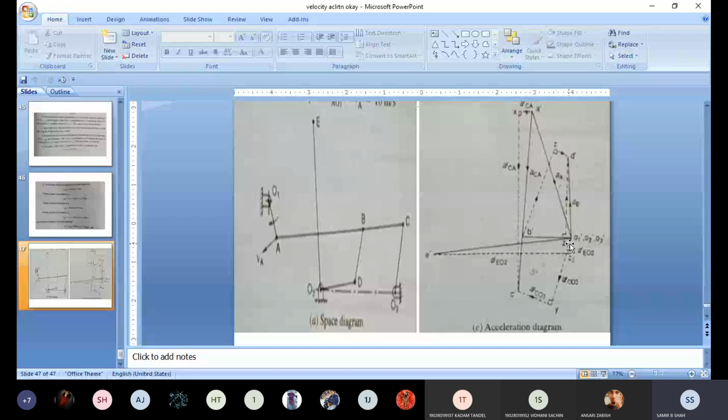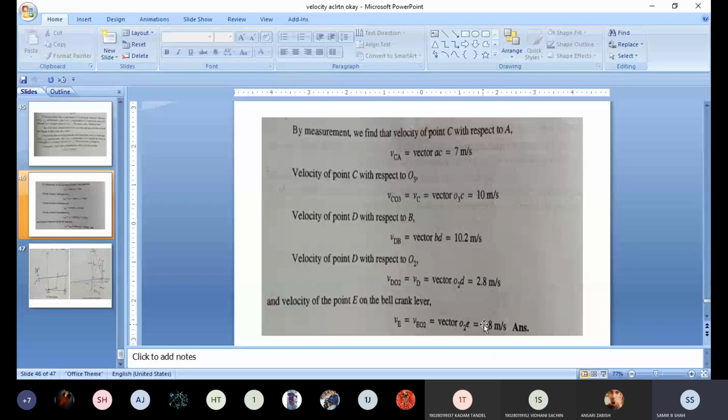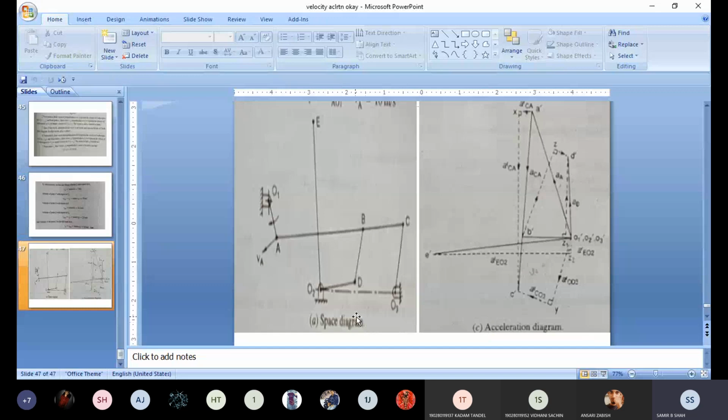As we have the radial part of EO2, that is equal to 5.8 square by 0.4, so we are getting 84.1, so it's 8.4 mm. So to find E dash in another way, take the radial part of O2E, which is parallel, and which is considered here as O2 dash Z2.